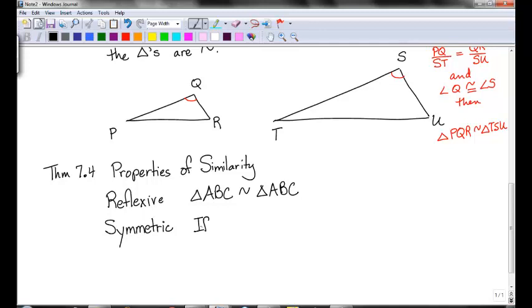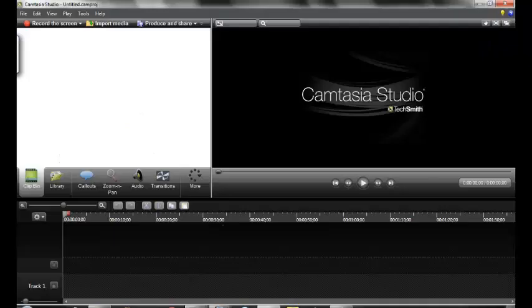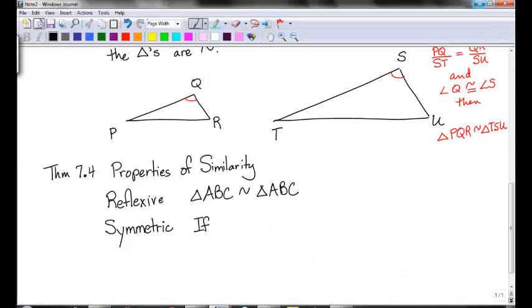Okay, symmetric property. Remember in real numbers, symmetric property said if A equals B, then B equals A. Symmetric property says if triangle ABC is similar to triangle, and I'm going to use DEF, then triangle DEF is similar to triangle ABC.